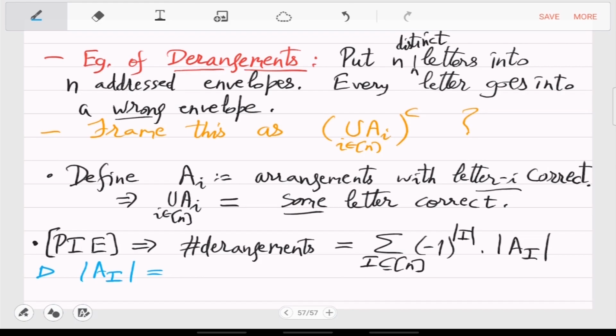So you get easily that the size of A_I is (n minus size of I) factorial, which means that the number of derangements is equal to, yeah, let me do it in 2 steps. So first step is just copying this.